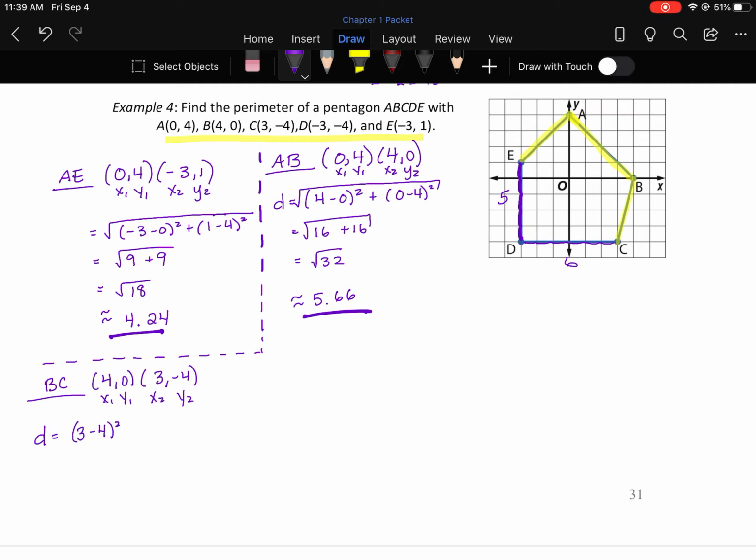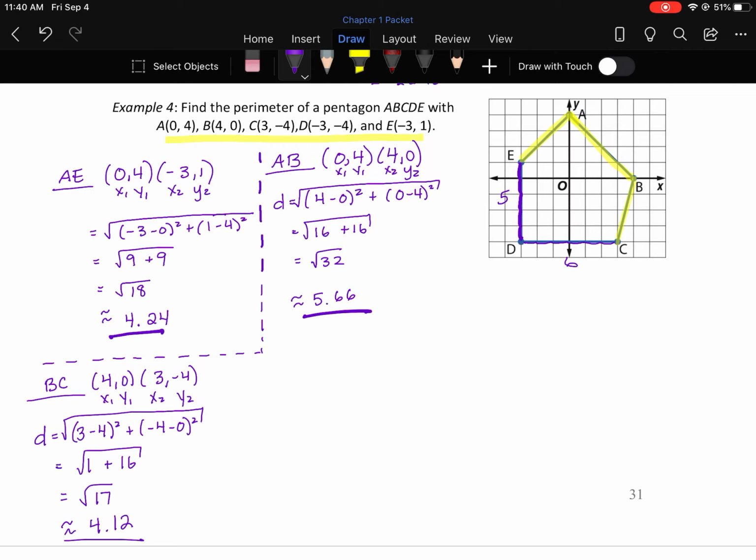So we have 3 minus 4 quantity squared plus -4 minus 0 quantity squared. Don't forget your square root. So we get -1 squared, which is +1. -4 squared, which is +16. Don't forget your square root. We get the square root of 17, which is approximately 4.12.